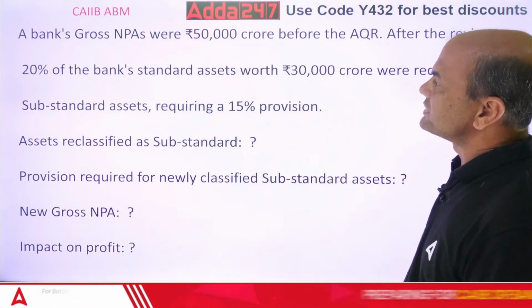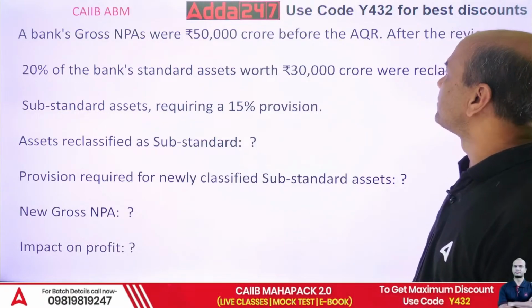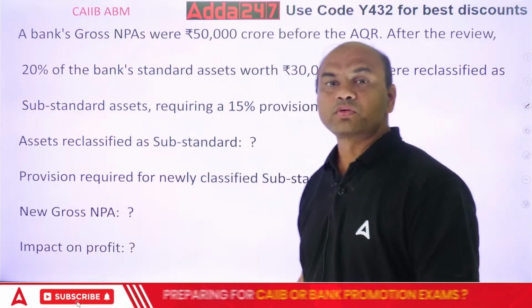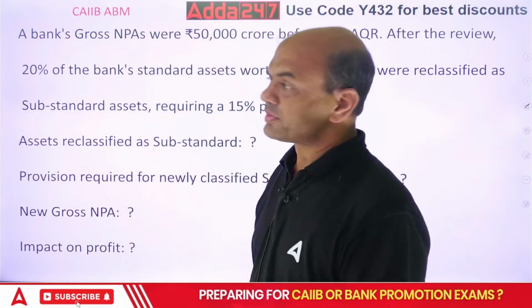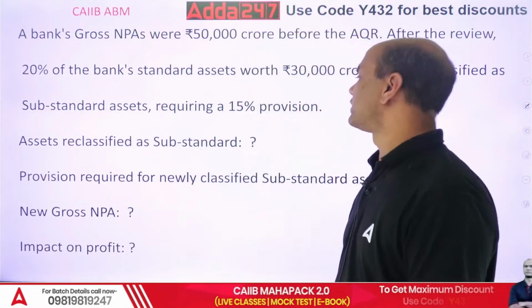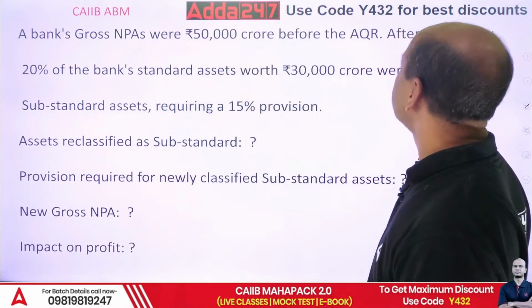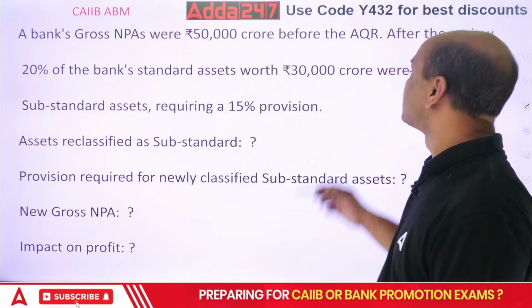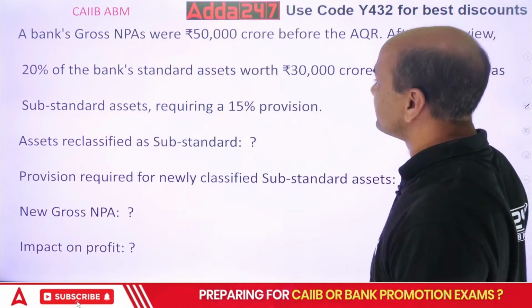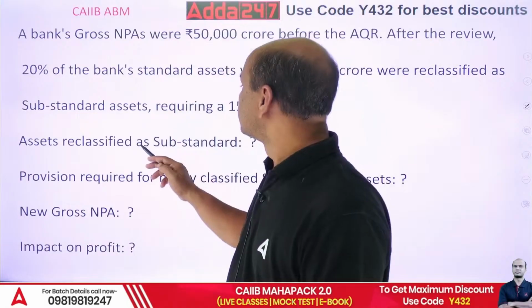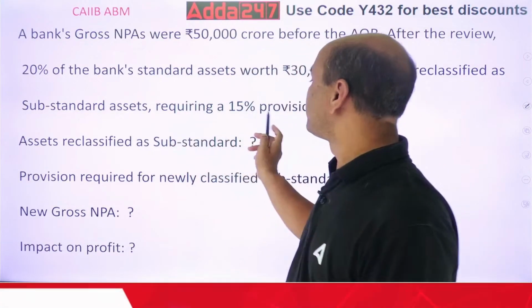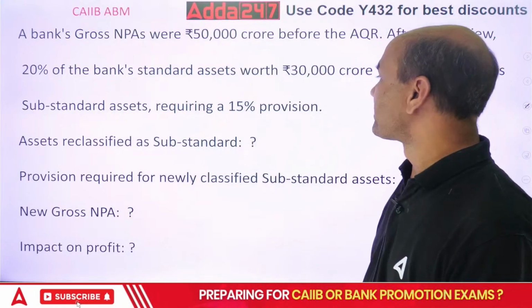A bank's gross NPA was 50,000 crore before AQR. AQR means what? Quarterly review. After the review, 20% of the bank's standard assets worth 30,000 crore were reclassified as substandard assets requiring 15% provisions.